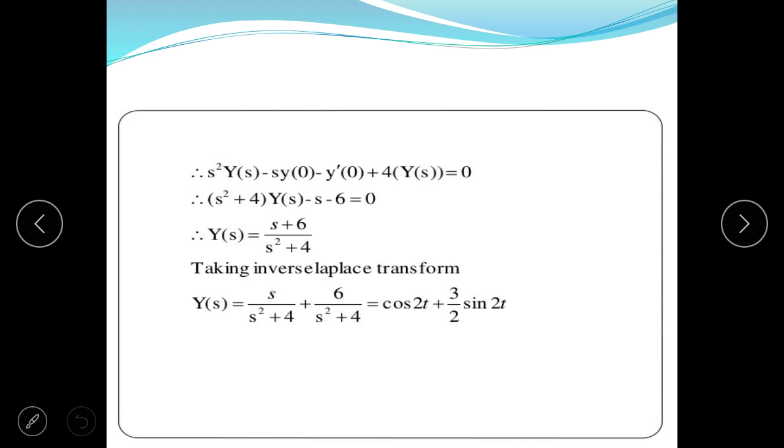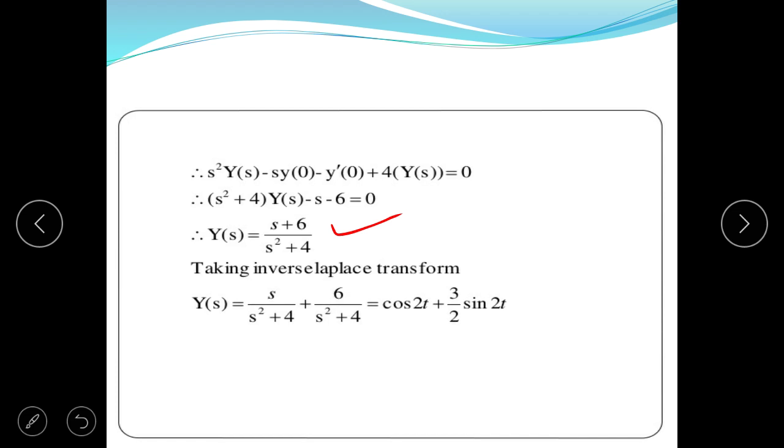Applying the conditions, s square Y(s) minus sy(0) minus y dash (0) plus 4Y(s) is equal to 0, or simplifying, (s square plus 4) Y(s) minus s minus 6 is equal to 0. Now Y(s) is equal to (s plus 6) divided by (s square plus 4).